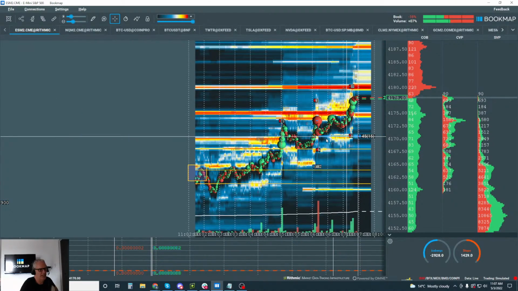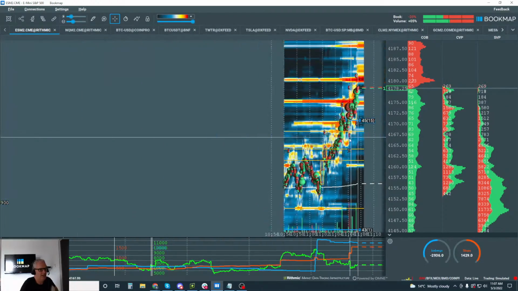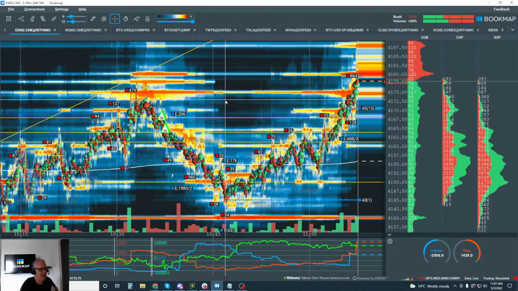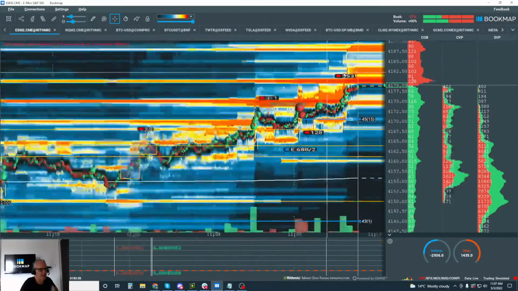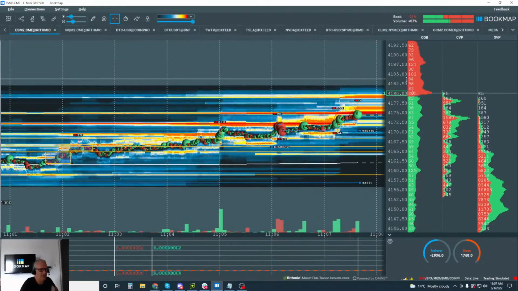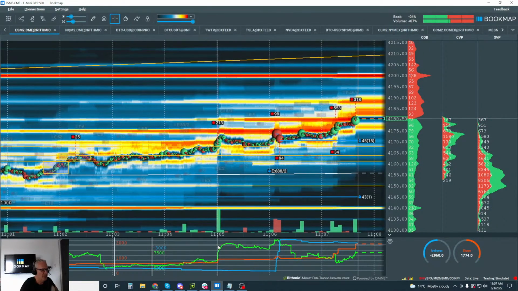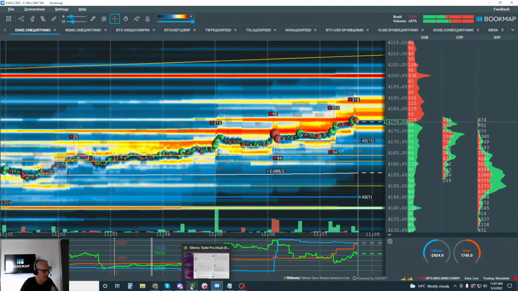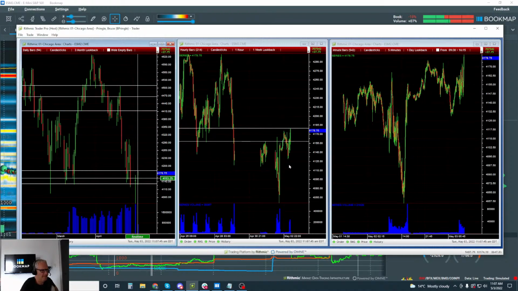All right, let's take a step back here and look at the bigger picture. So we are breaking out and want to go to 80 here, and that liquidity up here. What about the figure 4,200? Yeah, let's take a look here as well. Higher time frame. Our hourly chart here, we're up at this important level.